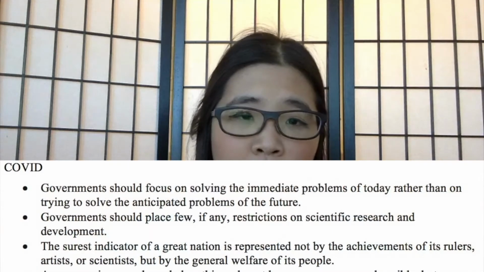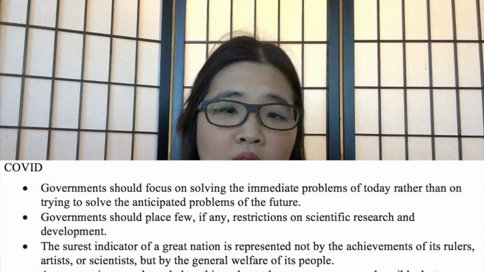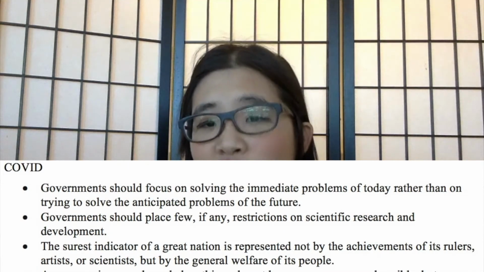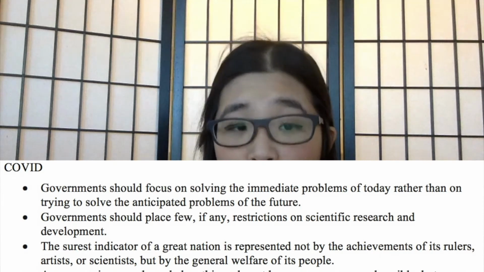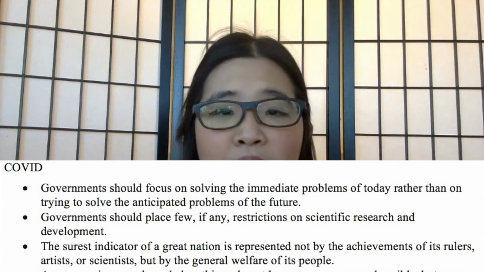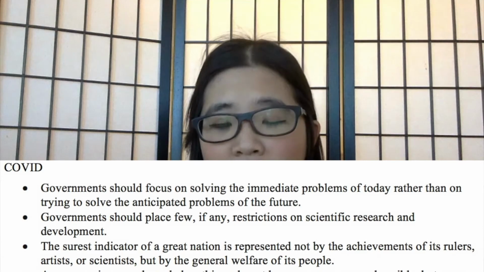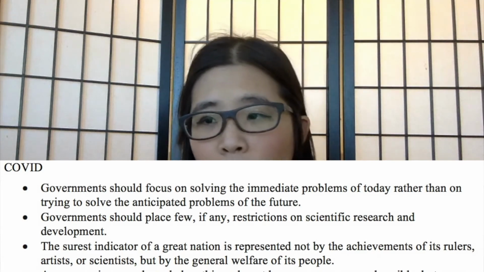We also have number 3. The surest indicator of a great nation is represented not by the achievement of its rulers, artists, or scientists, but by the general welfare of its people. So me living in the United States and seeing how COVID has impacted Americans, you can really see how you can answer this question.